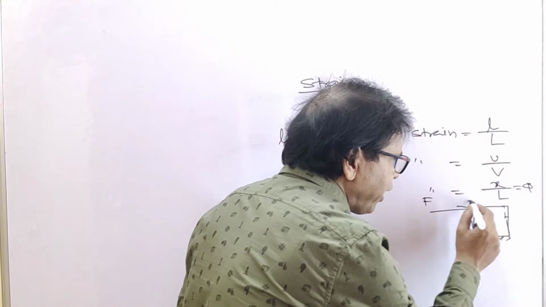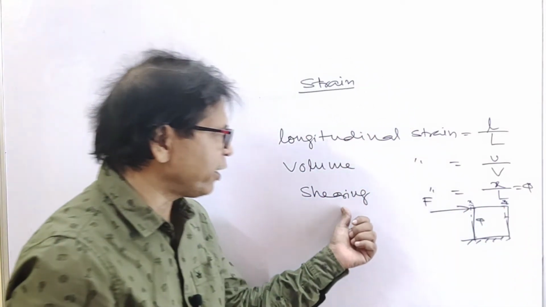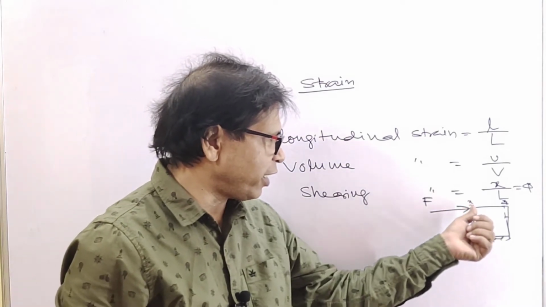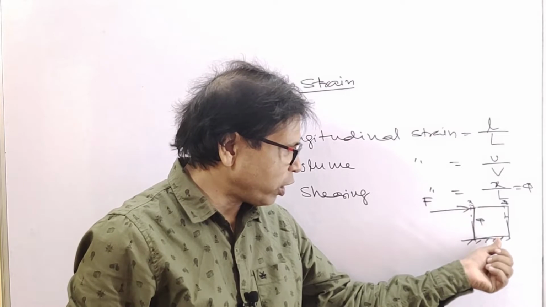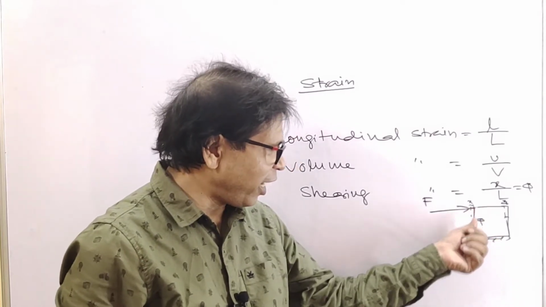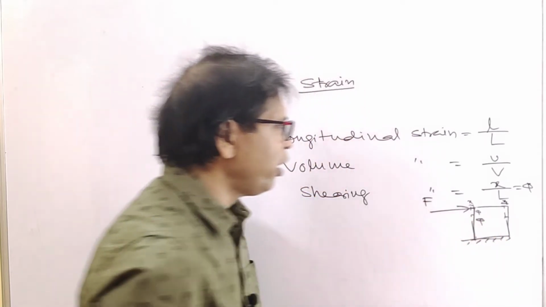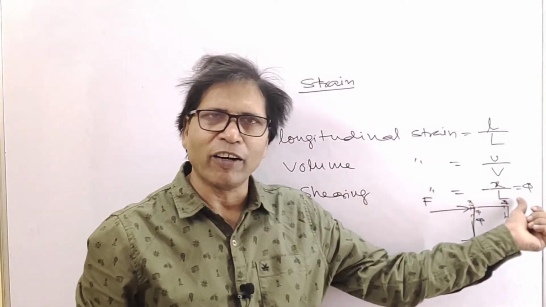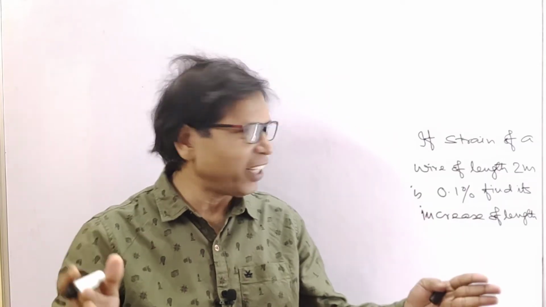So the shearing strain is the displacement of top surface keeping lower surface fixed divided by edge of the surface. This angle is phi. This angle is known as angle of shear or shearing angle.